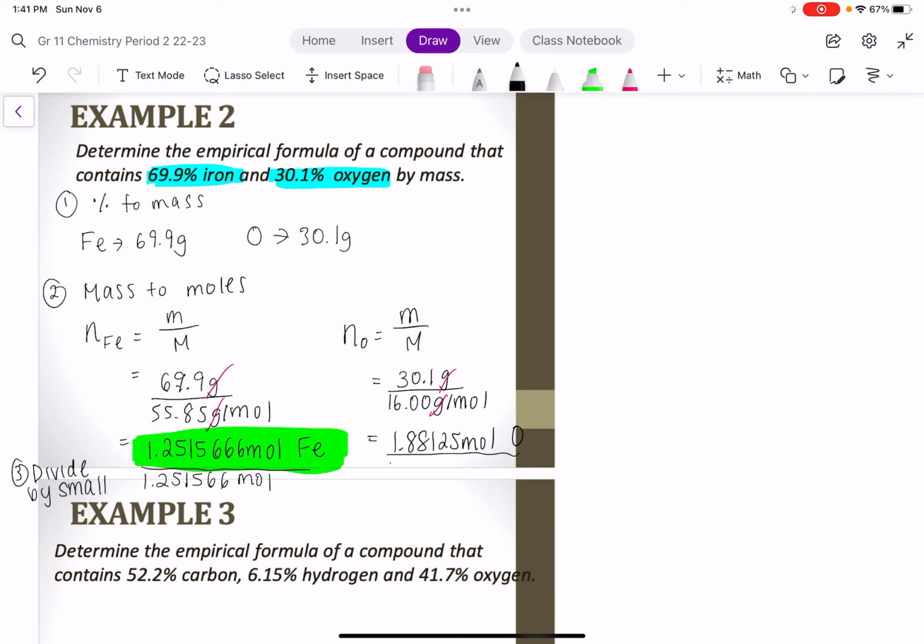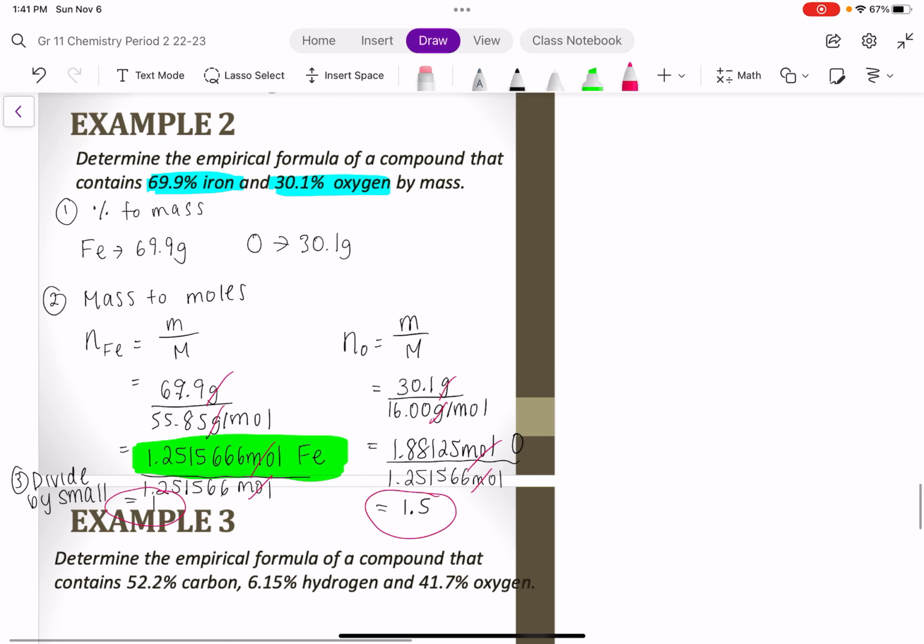And then for oxygen, it is 1.5. So when you divide by small, the mole amounts will cancel out. So these are just ratios here. It's saying that for every 1 iron, there are 1.5 oxygens.